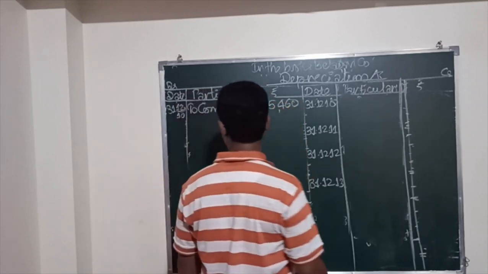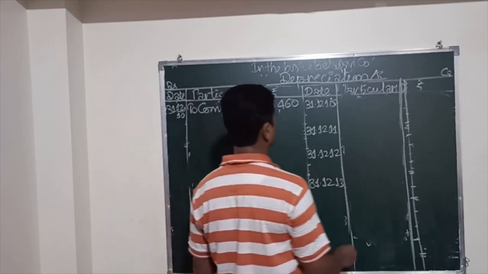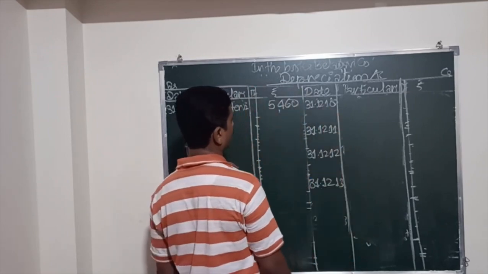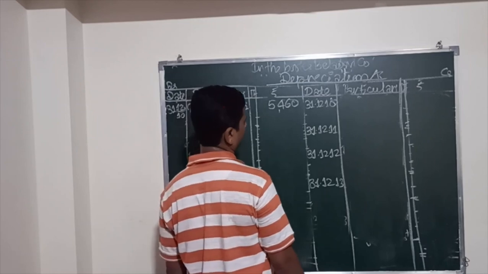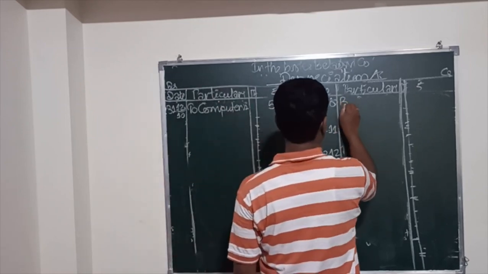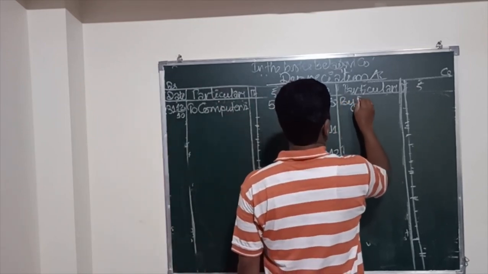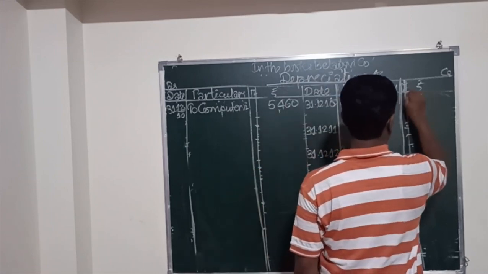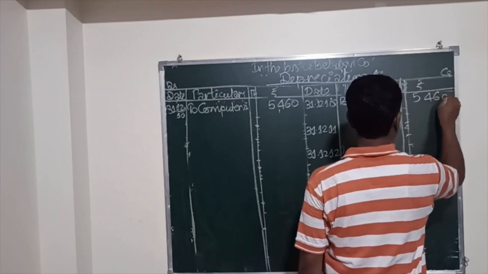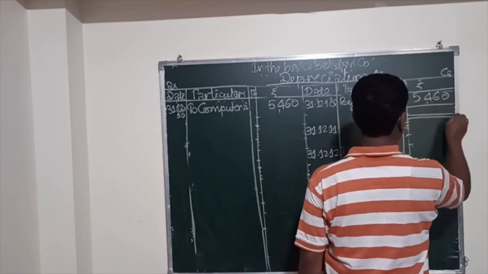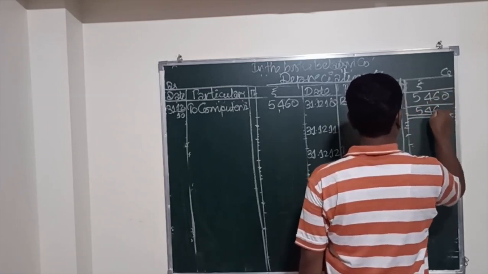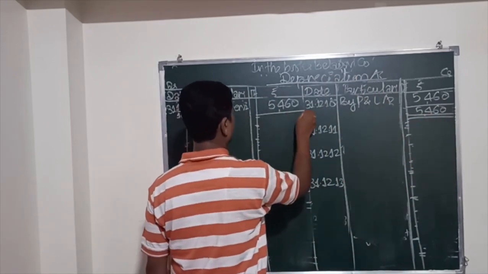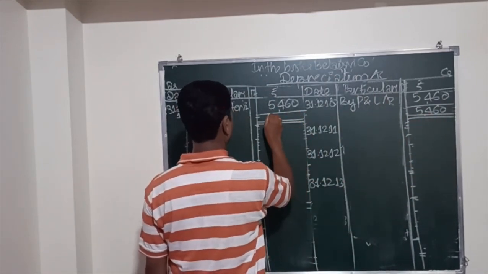When this is transferred at the end of the first year, on 31st December 2010, the entry will be profit and loss account debit to depreciation. So depreciation account is credited by P&L account. So 5,460. So this will be balanced here. In the same fashion as we prepared the interest account, we should prepare depreciation also here. That's all.